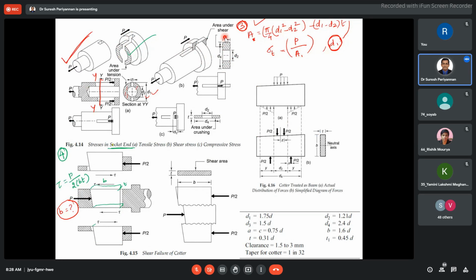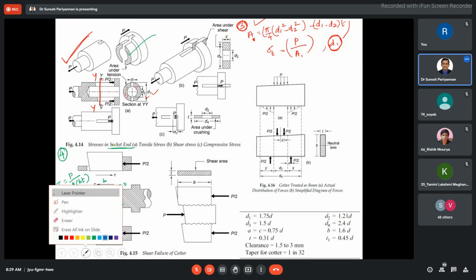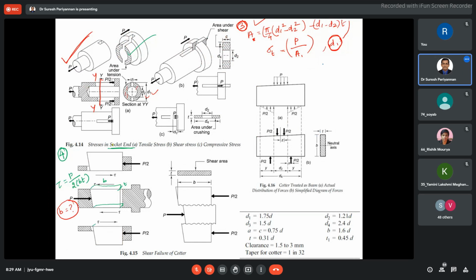Now, fifth one. Tau is equal to P by 2 into D4 minus D2 into C. Now this is the shear failure.